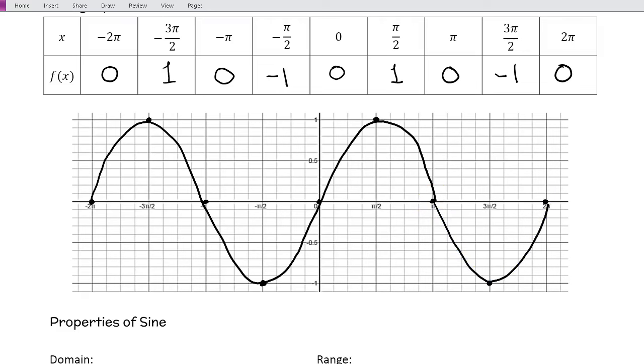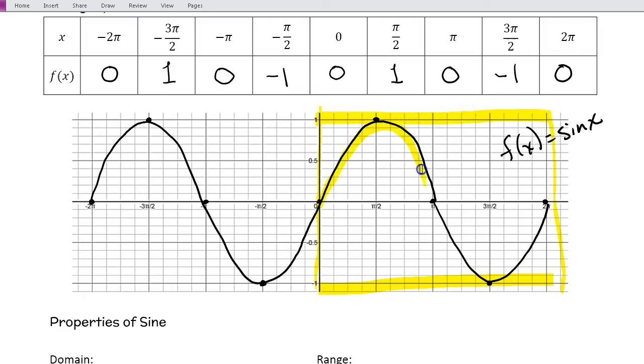Okay, so here is what we're going to talk about: 2 periods or 2 cycles of f(x) = sin(x). If we look at just this one portion here, we could have looked at the other side as well, but we're just going to look at this part.